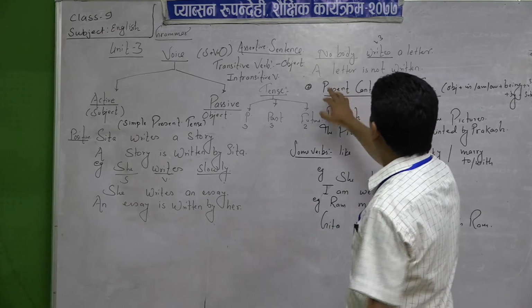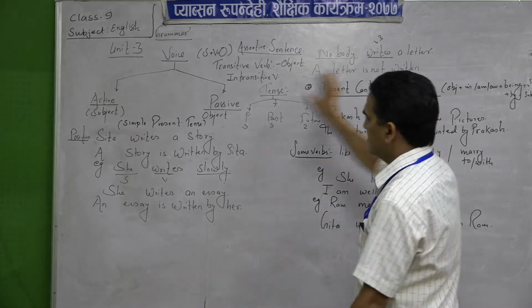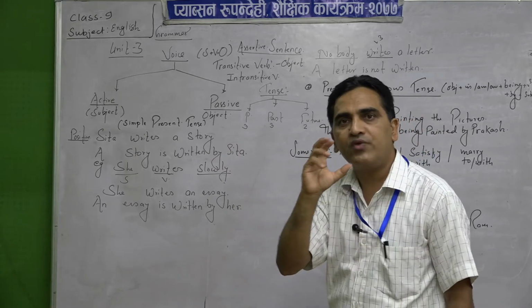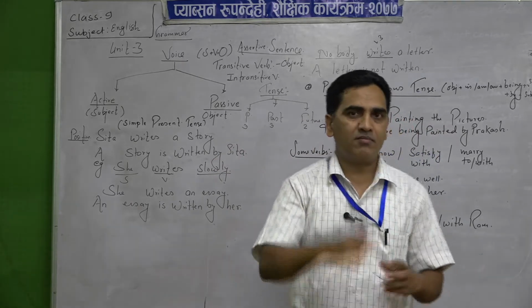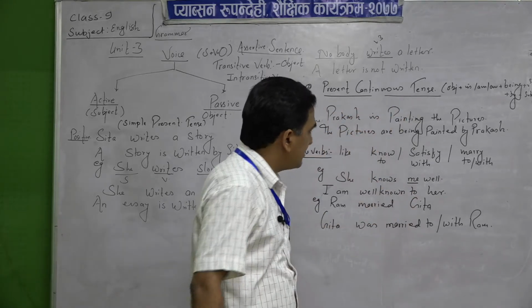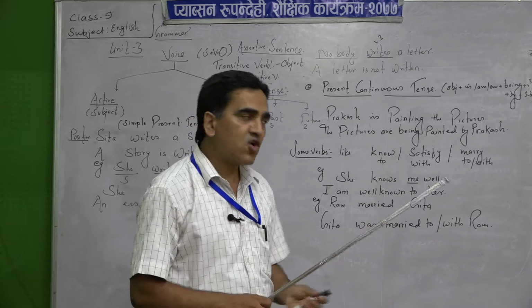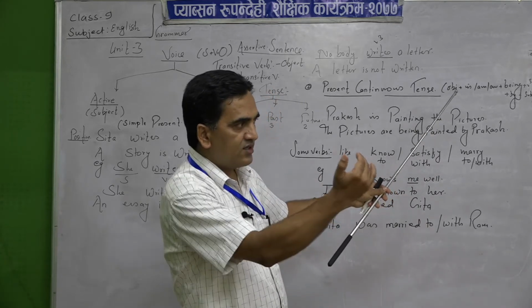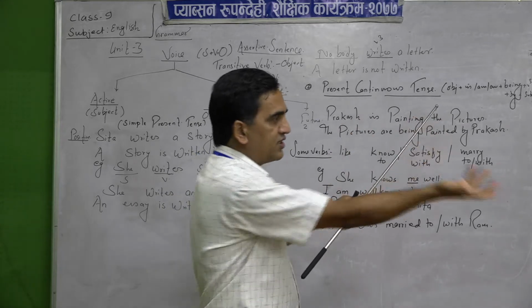Okay, so in present continuous tense, how can we change into passive form, my dear students? When you change present continuous into passive, first you have to exchange the subject into object and object into subject.